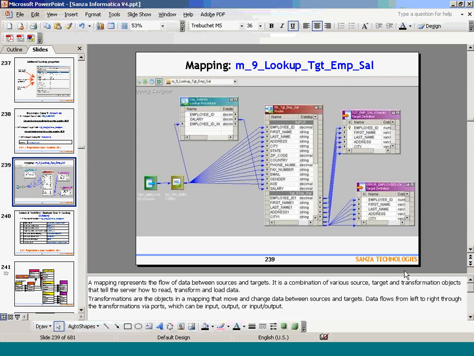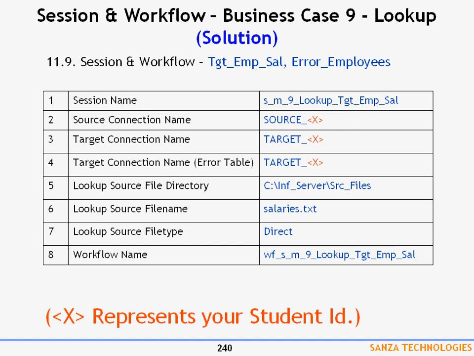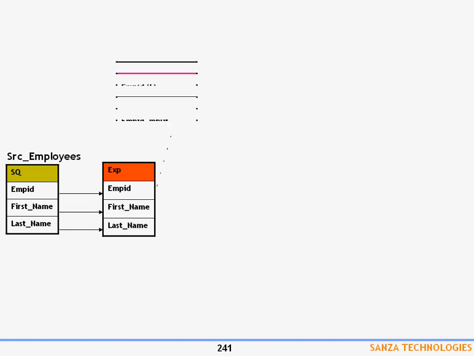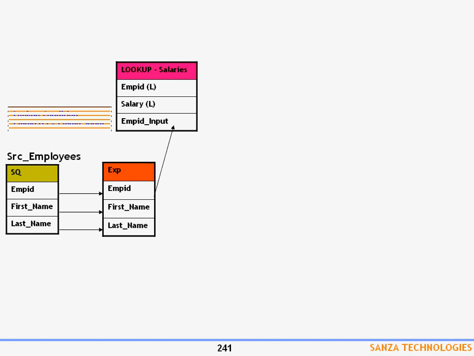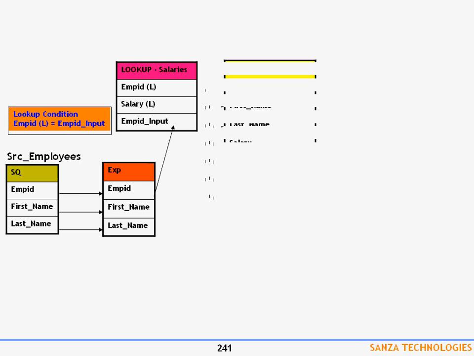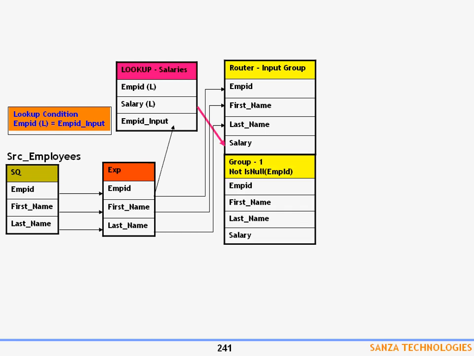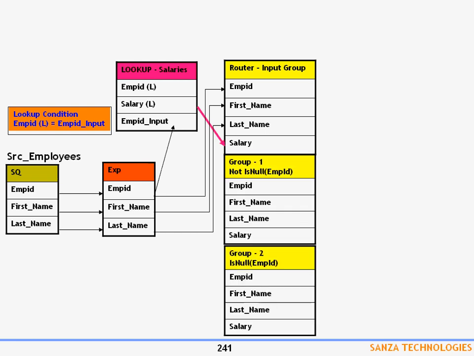So you have created the mapping, you did a lookup on salaries, and you did a router. Now look at it. I have a source, I have a lookup condition, router, and because of the space constraint, I didn't put the default group, then target.